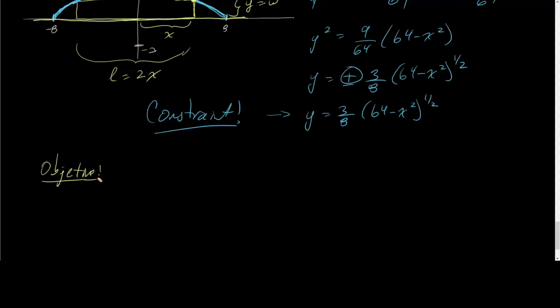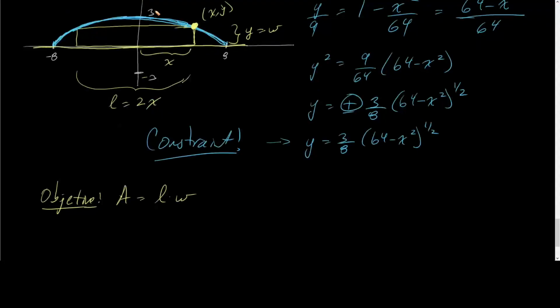So our objective is to maximize that area, right? So we want the largest rectangle. So the area is equal to length times width. That's the area of that rectangle that we're trying to maximize up here. And what was L? L was 2x. And what was W? W was y. So our area function is 2x times y. But that's not in terms of one variable. So let's go ahead and change it in terms of one variable. I'm going to plug in the y definition that we had over here from our constraint.